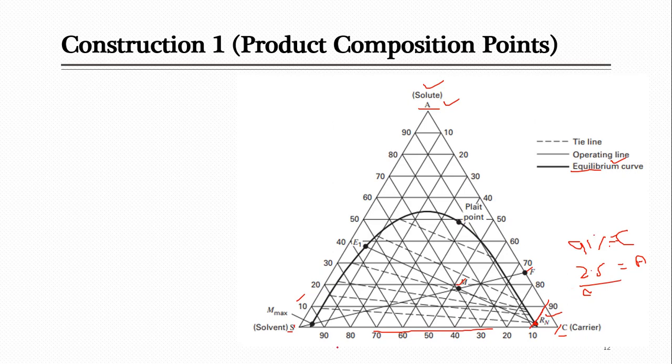Just to verify that the solvent is in a similar amount, this line shows 10%, so it's below 10%, like 6-7%. You have to locate the exact values when solving the problem. Either you can locate it or use these two, and since the overall sum is 100%, you can find the value of S from here.